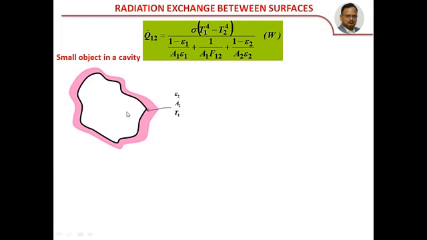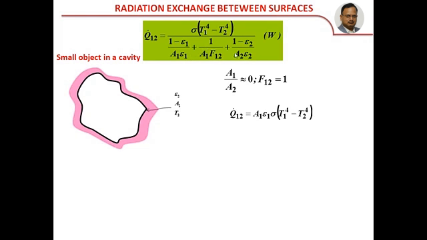Suppose you have a small object in a cavity, A2 is very small, A1 is very large, so A2 by A1 becomes approximately 0, and F12 is almost equal to 1. You substitute here A2 by A1 is 0 and F12 is 1.